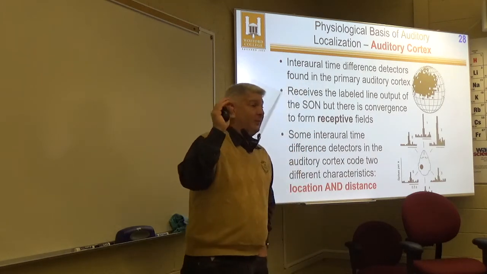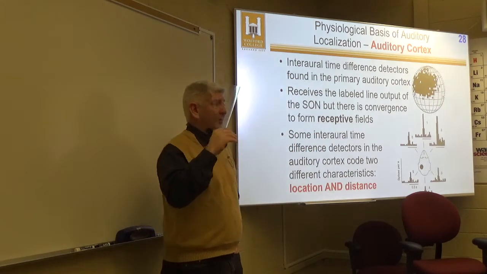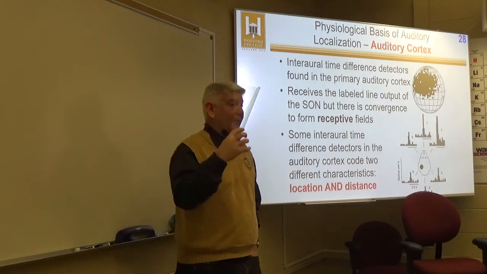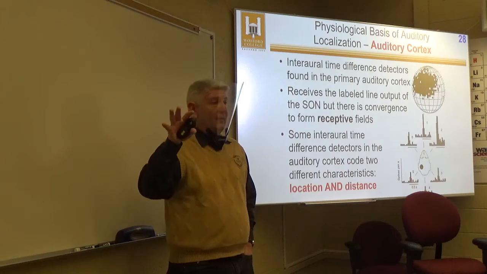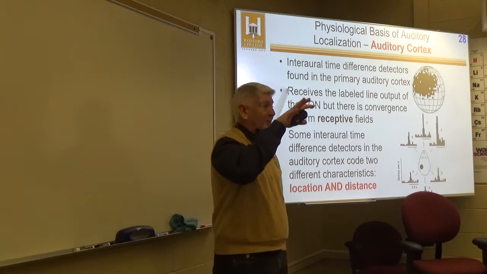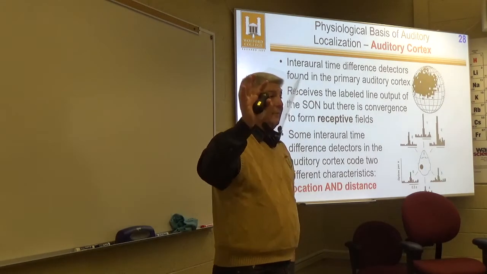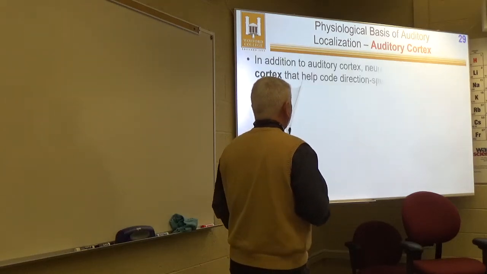And it's organized in columns, again, so that all the neurons in that column respond to that same place in space. And as we move over to another column, we're moving over to a different place in space.